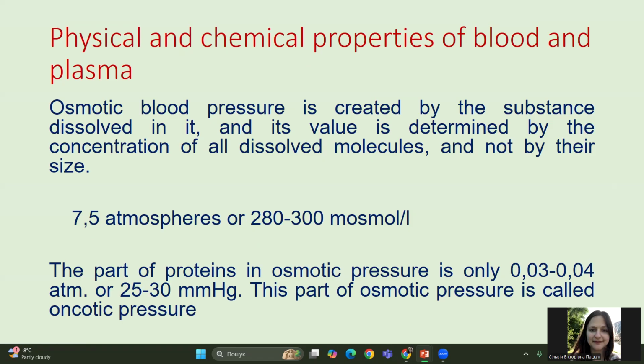And according to the law of osmosis, fluid moves from the lower concentration to the higher concentration. The same will happen between vessels and tissues, where there is greater osmotic pressure, to that direction fluid will move.